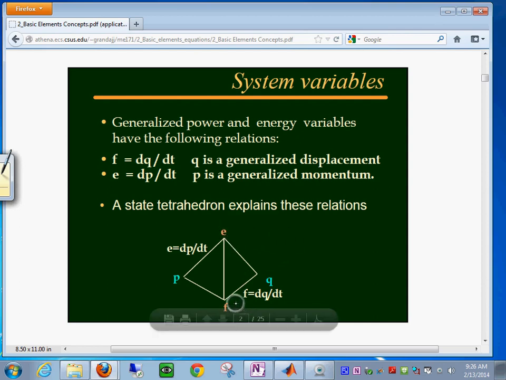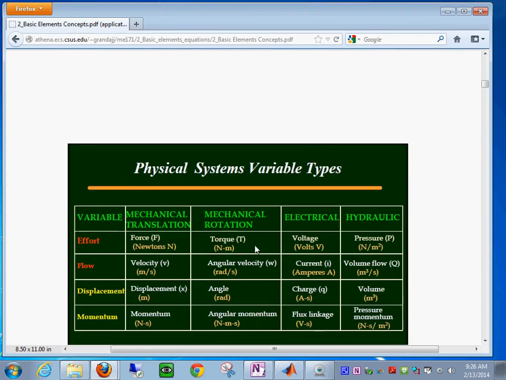The effort variable and the flow variable are here, and he says that if you differentiate the momentum variable, you obtain the effort, and if you differentiate the displacement variable, you obtain the flow. Or you could say it the other way, that Q is the integral of the flow with respect to time. That's another way of saying it. But this is just a little diagram to illustrate all those four variables.